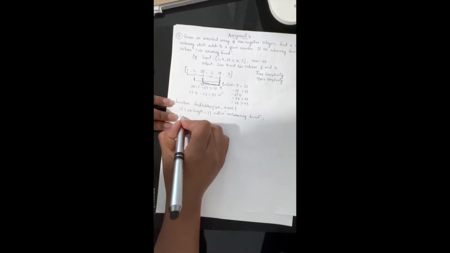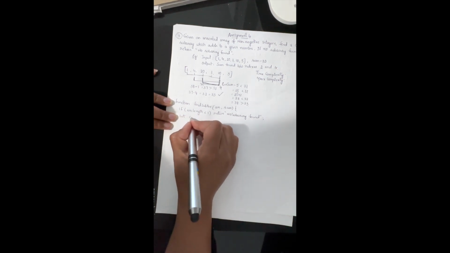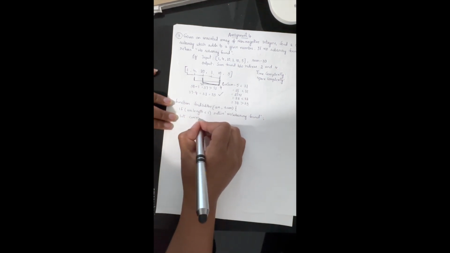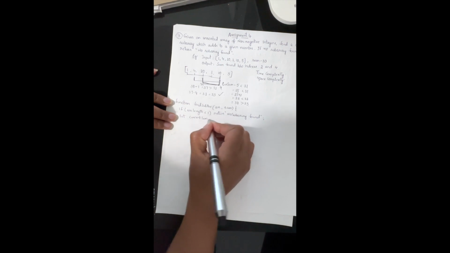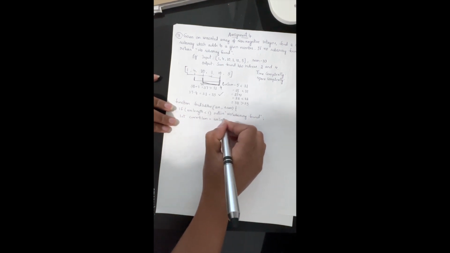If not, then let's declare a few variables. The first one is current sum, and I will initialize it to array[0].